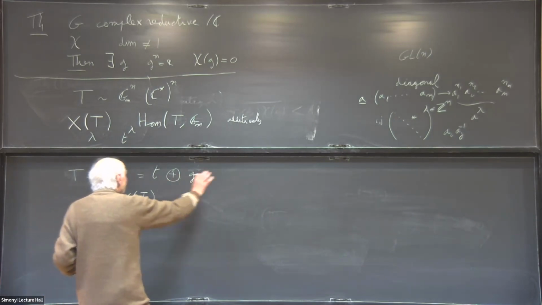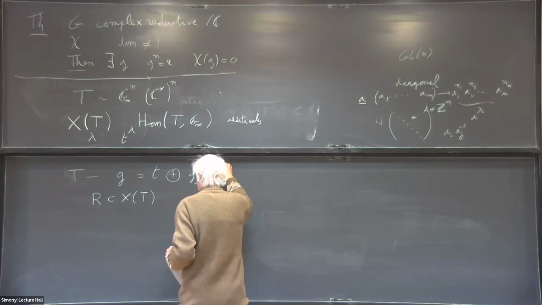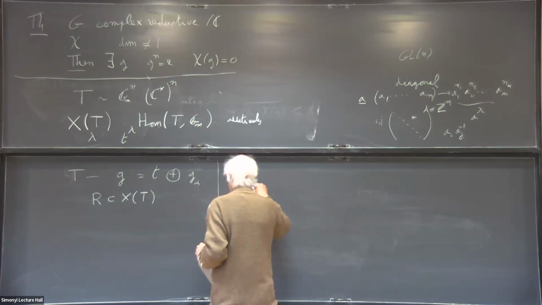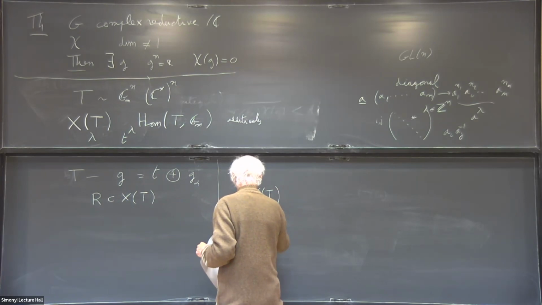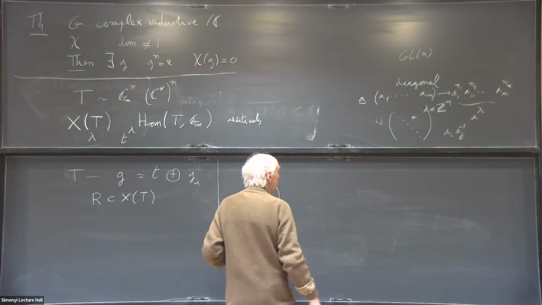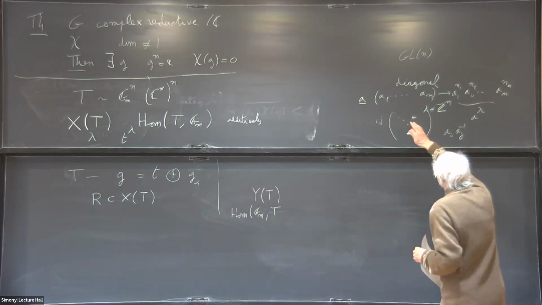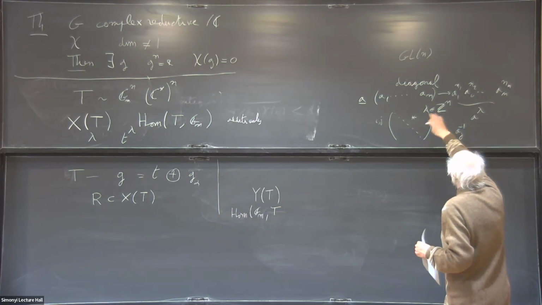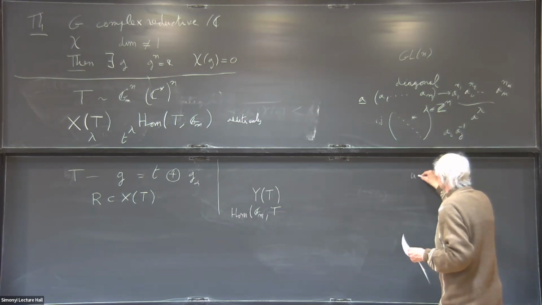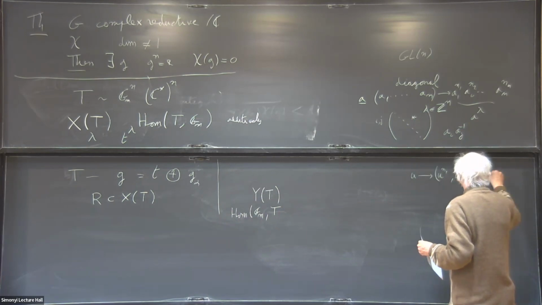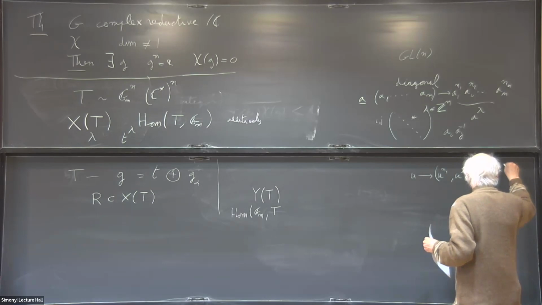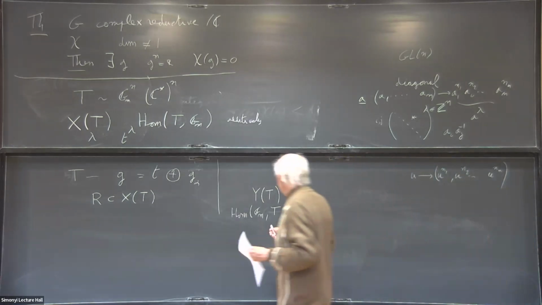Now, there is a dual side to this story, which is to introduce the dual of T, which is the homomorphism from GM to the torus. So in this case, I look at the torus of GM to the torus of the form U going to U1, U2, U_N.